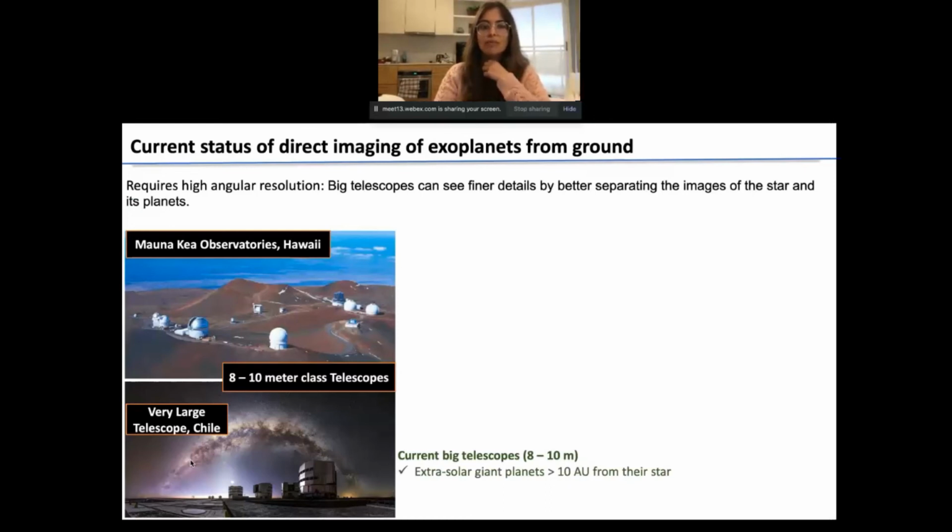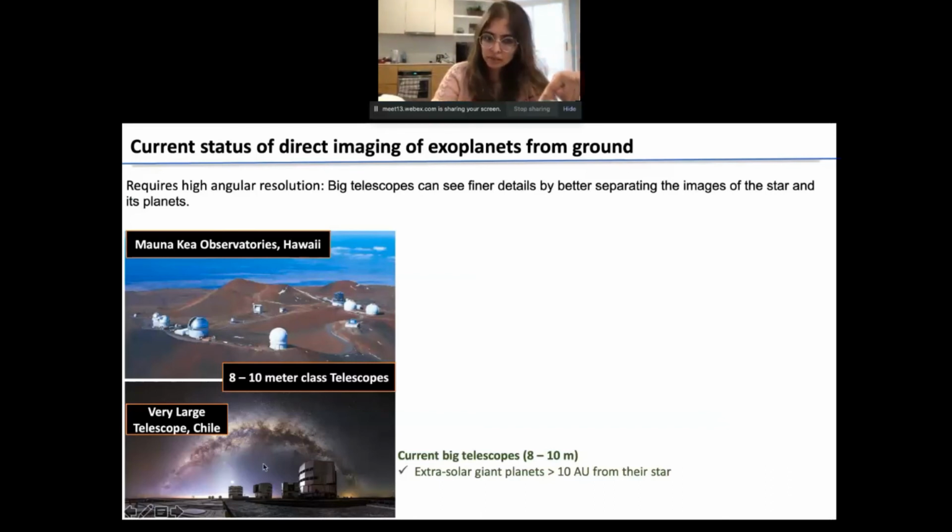All right, so quick thing. From the Earth, I think I already touched upon this point, but we have these 8 to 10 meter class telescopes. In the northern hemisphere, we have the island of Hawaii, where we have I think 13 telescopes, maybe 11 of them working, like the Keck telescope and Subaru telescope.